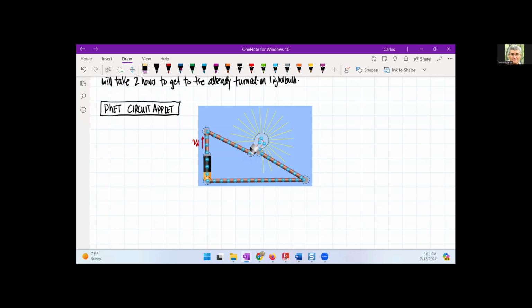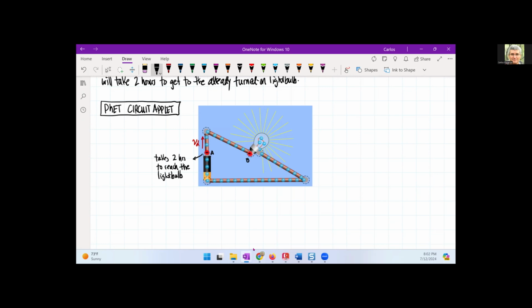So if I was to look at this specific charge, this charge takes 2 hours to reach the light bulb. 2 hours. So that means to go from here to get to, let's say, right here, that's the 2-meter distance. That means to go from here to there, to go from point A to point B, that's what happens.